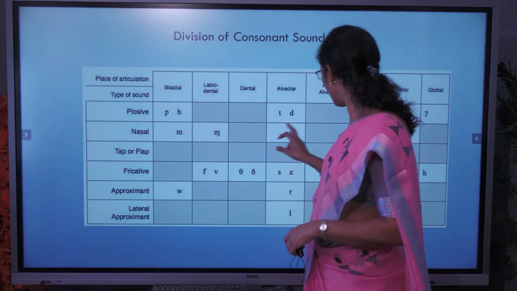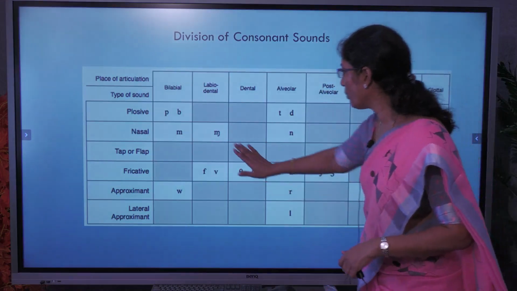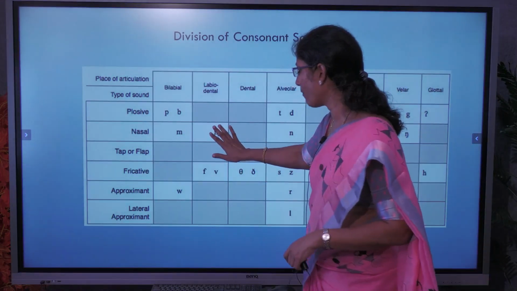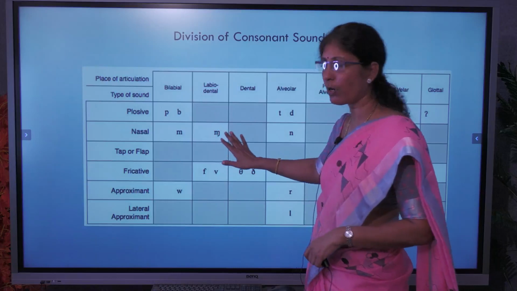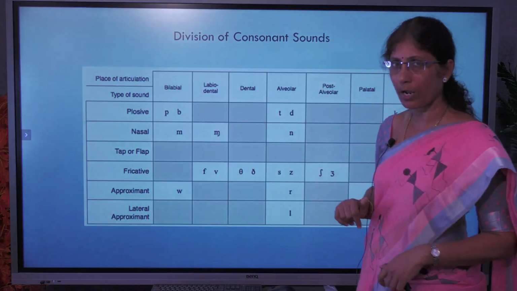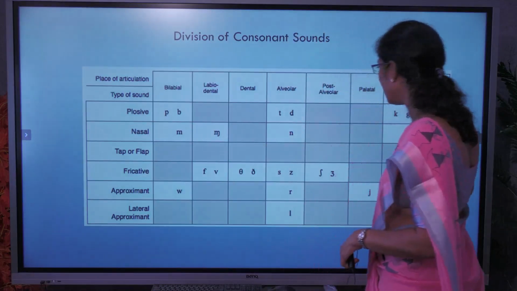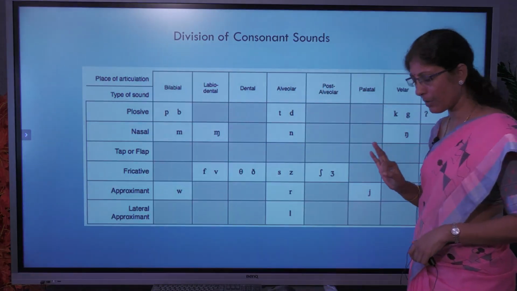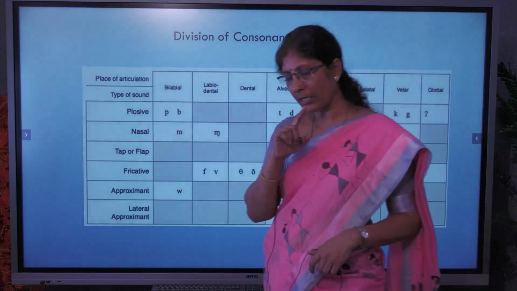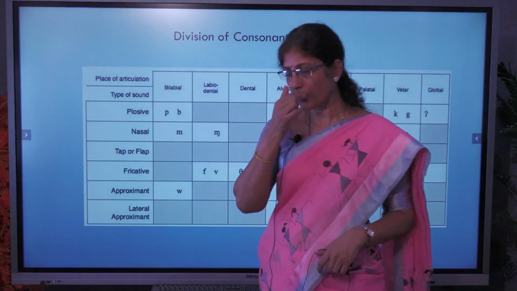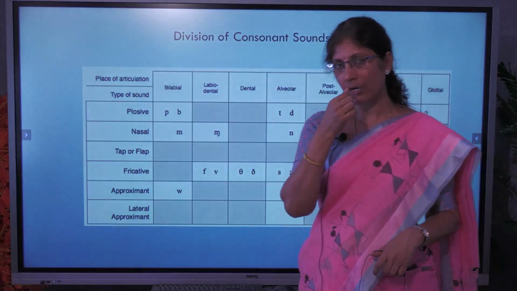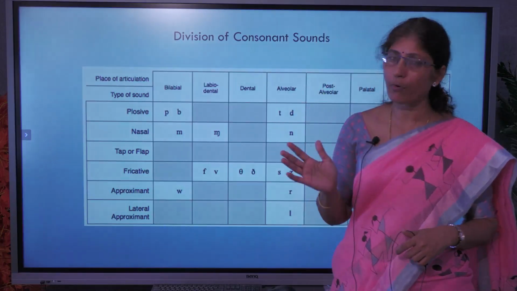So nasal sounds are 3. You leave this one, we don't have it in the IPA chart. We are dealing with these sounds according to the IPA chart. There are 44. M, n, ng. 3 nasals. What is meant by a nasal sound? That means you release air through the nostrils. Suppose you close your nostrils and try to produce it, you can't produce any sound.